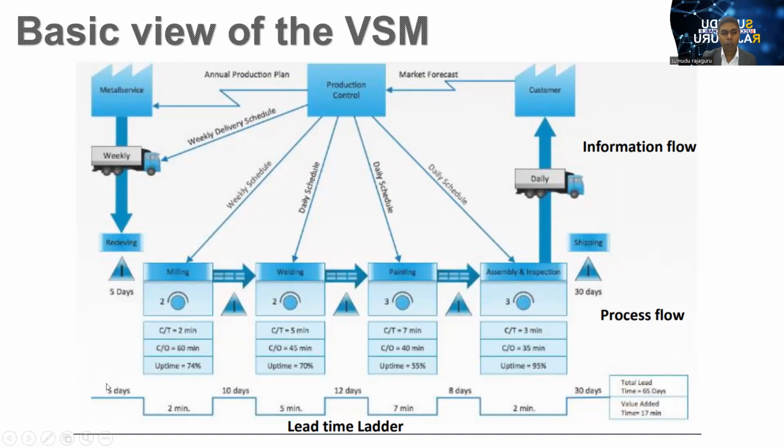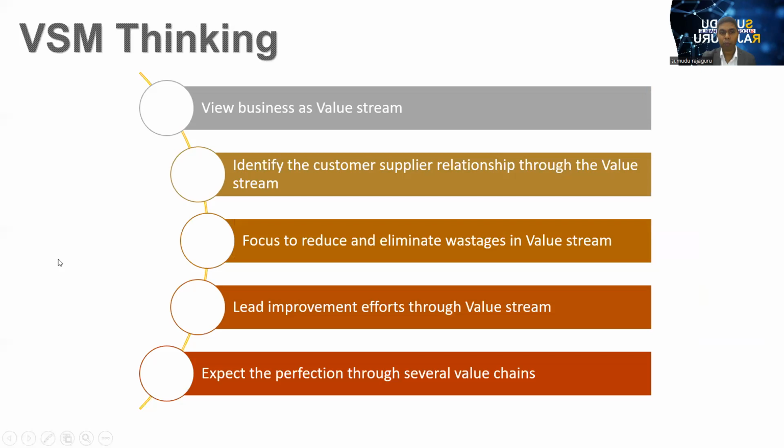Under the data box, you can see the timeline. There is some information flow, manual information is also here. Then this is called automatic, or electronic signals also. So you can understand there is a material flow as well as an information flow. As we previously discussed, the value stream map addresses information flow as well as process material flow.